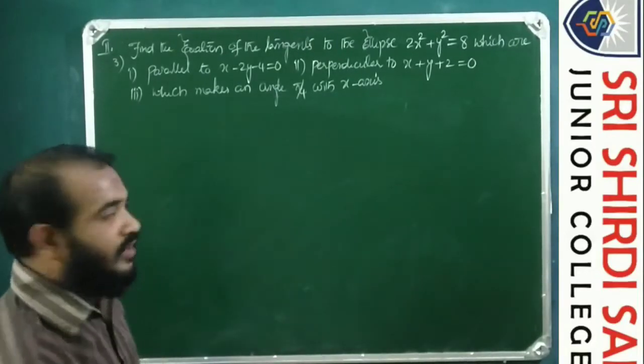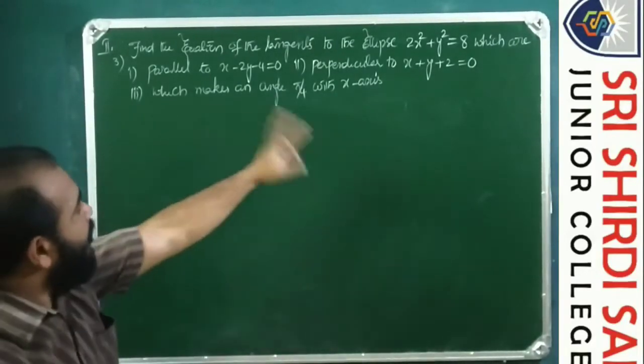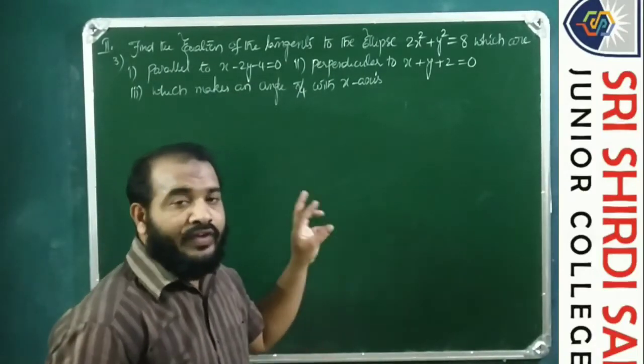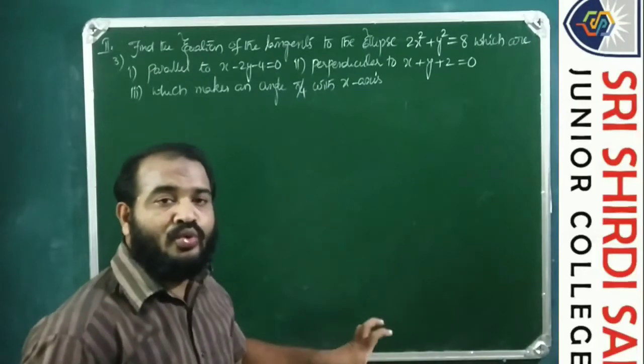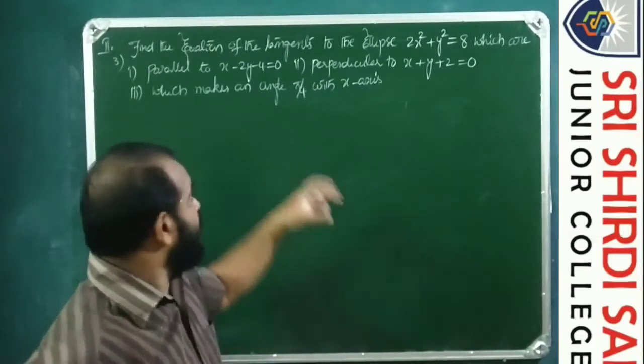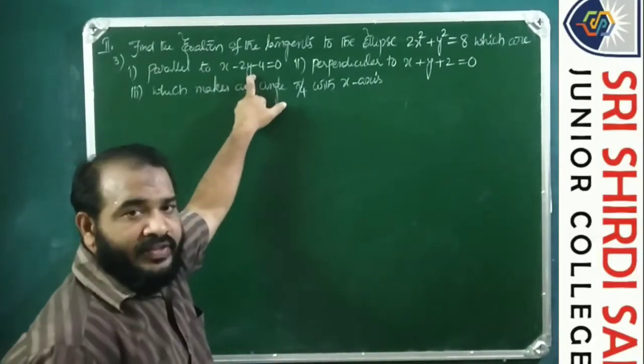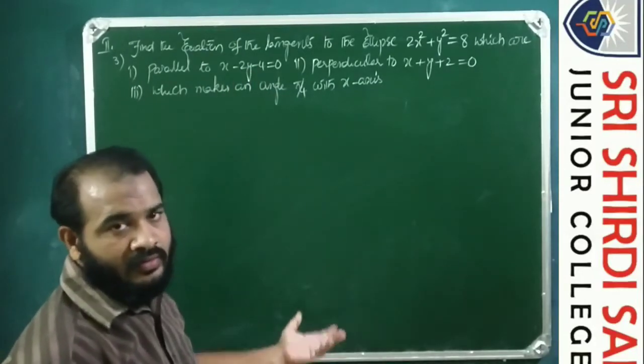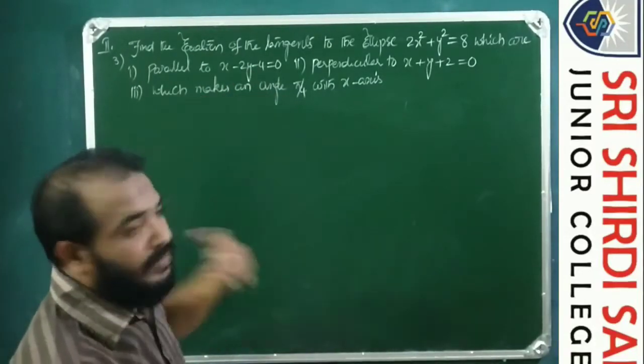Since parallel, perpendicular and angle are given, we have to proceed through the slope, because the line ax plus by plus c equals to 0 is given, we can get the slope.